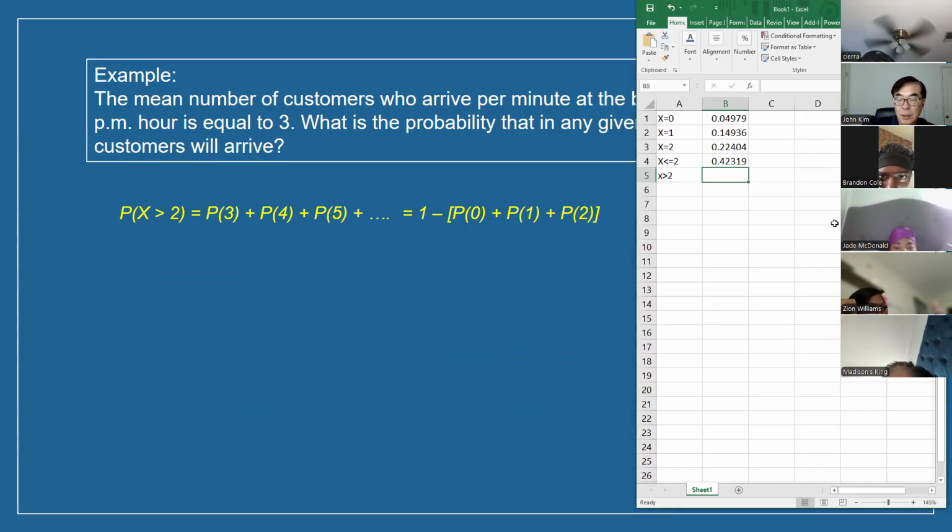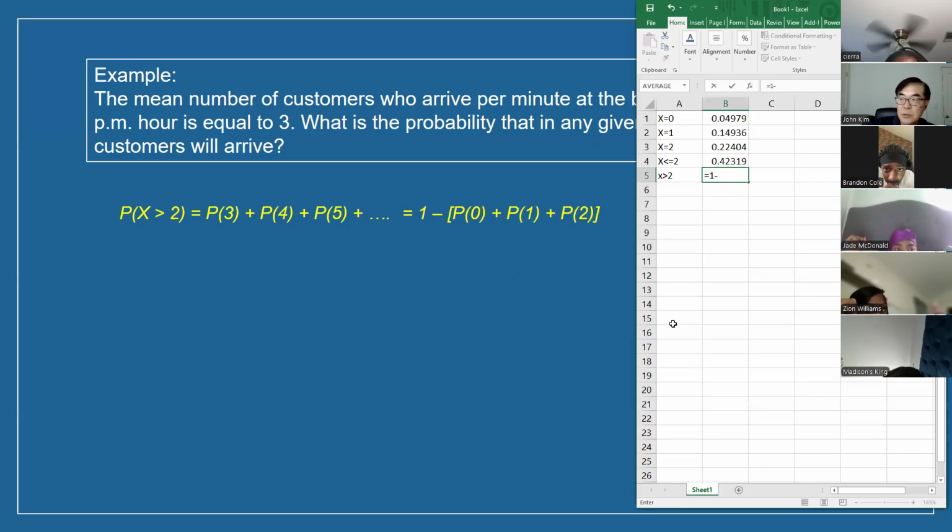Equals 1 minus the cumulative probability up to 2, 0, 1, 2.